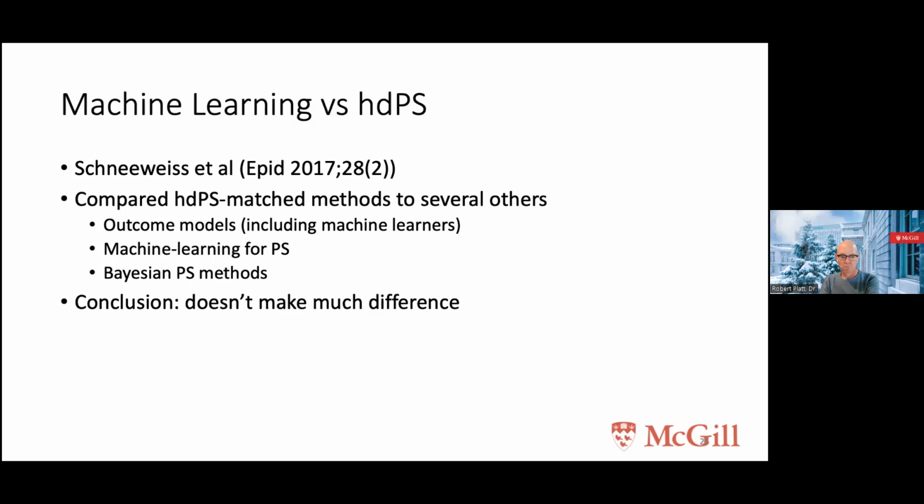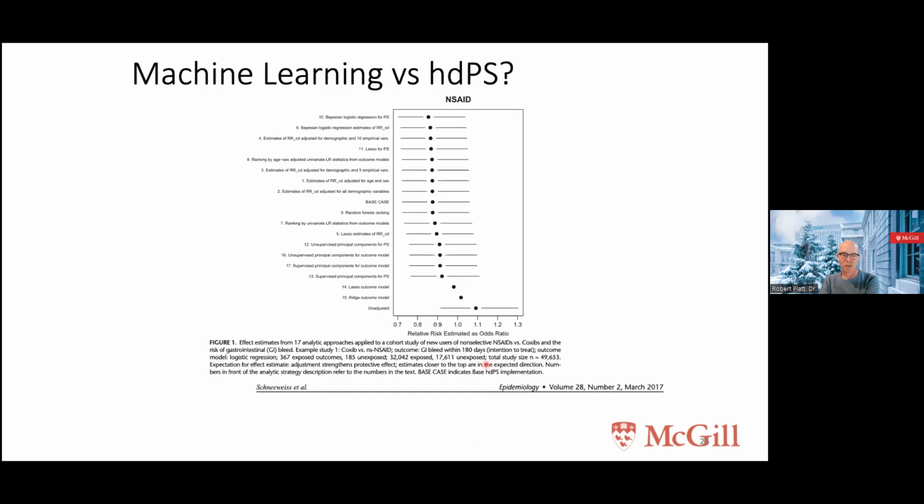And their results, they didn't do a simulation study, they just looked at a bunch of examples. I don't need to go into detail on this slide other than to say this is a bunch of different methods with point estimates and confidence intervals around them. The one in the middle here is the high dimensional propensity score adjusted method.